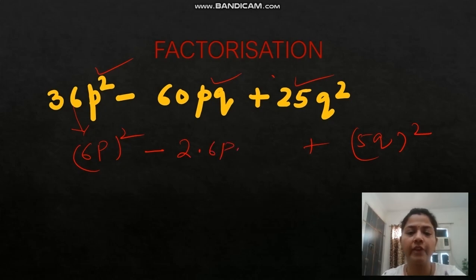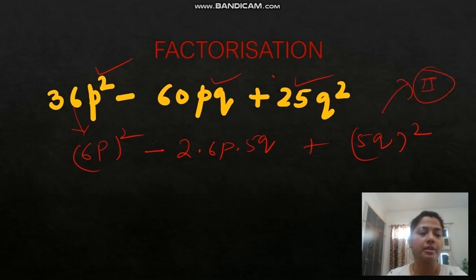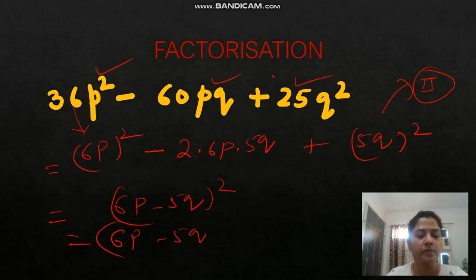What is B? 5q. Okay, so 6 2s are 12, 12 5s are 60, 60pq, it is coming. It means it is type 2 identity based factorization. Okay, so it can be written as 6p minus 5q whole square. We can write it as 6p minus 5q whole multiplied by 6p minus 5q.